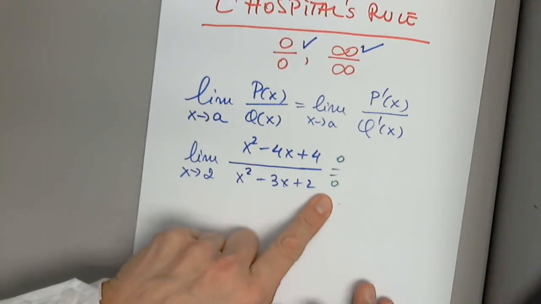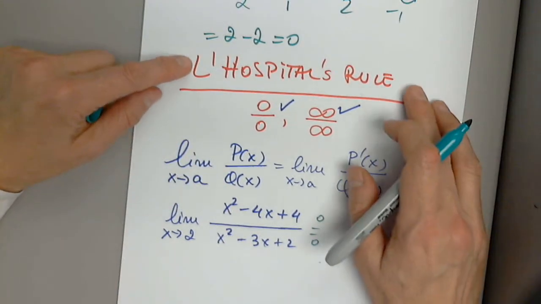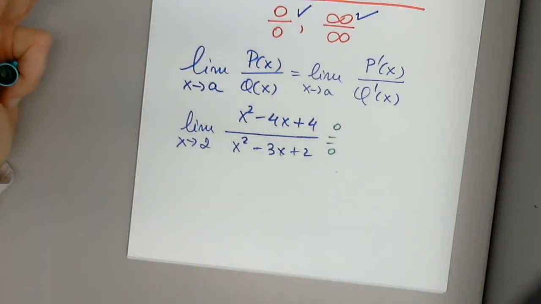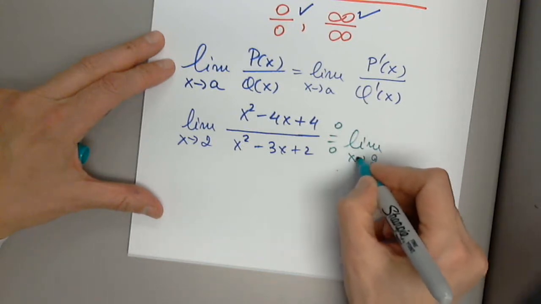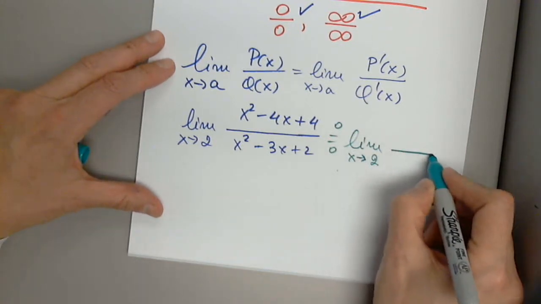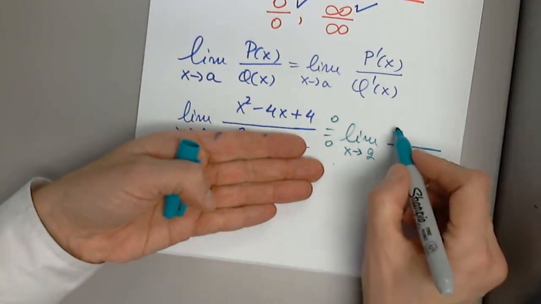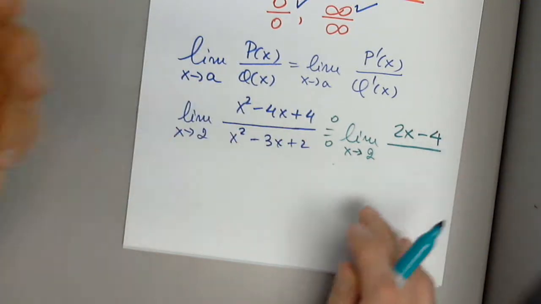Since it's 0 over 0, since it's a function over another function, I can use L'Hopital's rule by simply differentiating. We couldn't do this in chapter 2, right? Because we didn't know derivatives. So now limit as x approaches 2 and differentiate the top disregarding the denominator. Good.